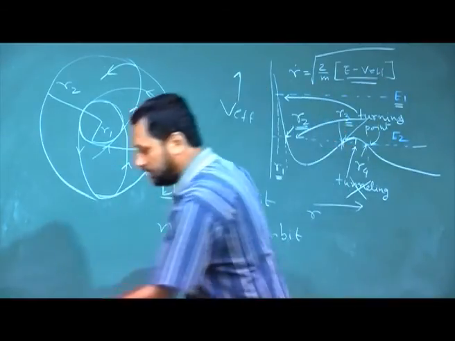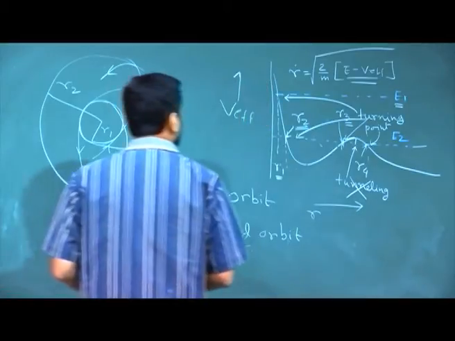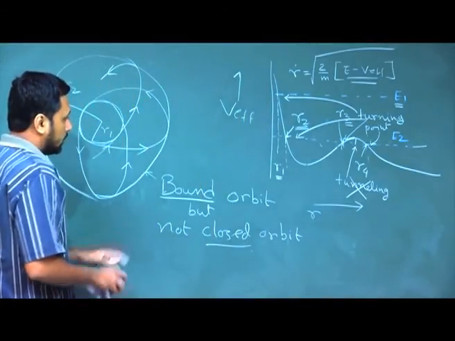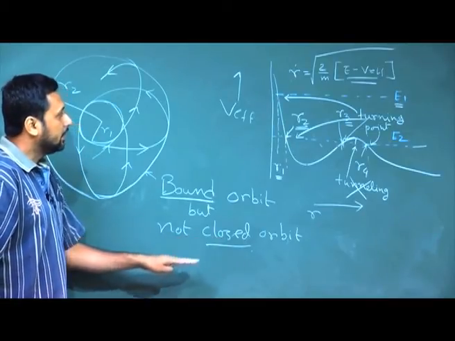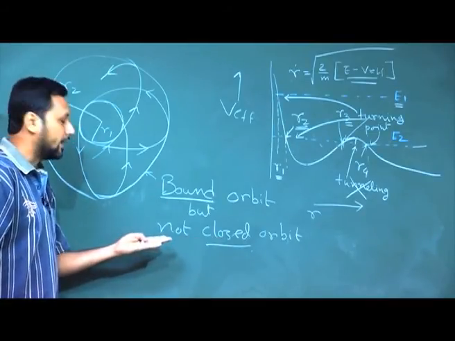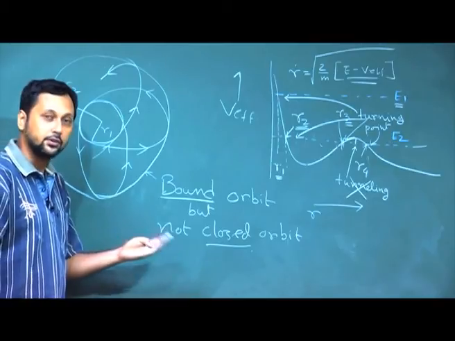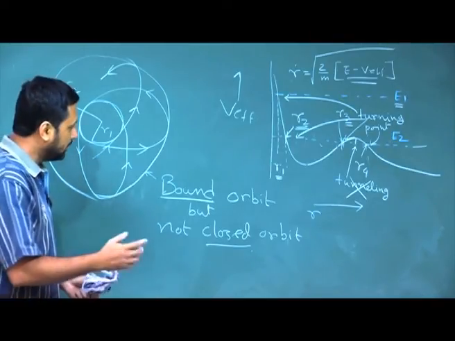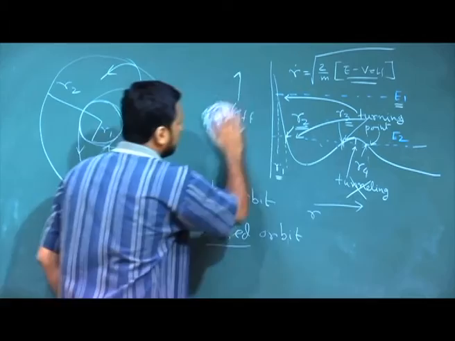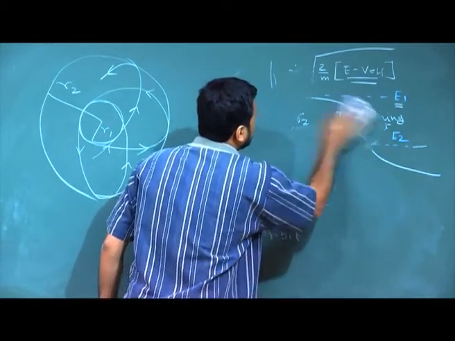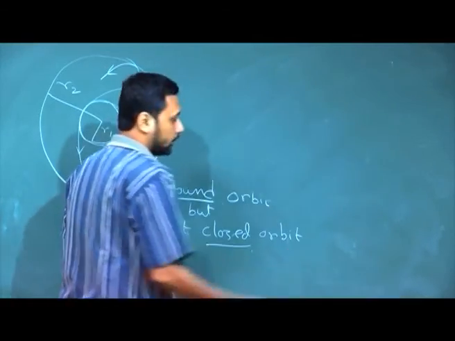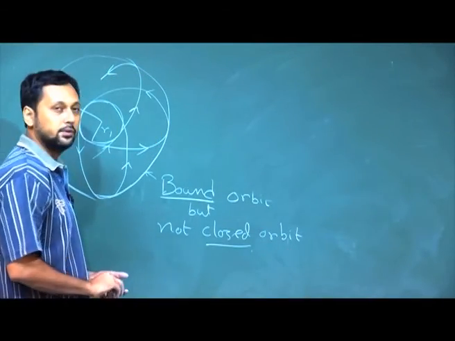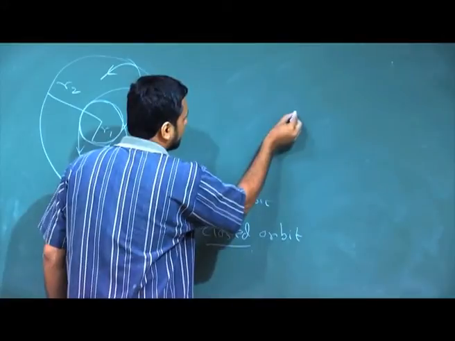Now, if we drop this general description and try to describe a bound orbit under the action of an inverse square law of force, then we know from our previous discussion that the only possible bound orbit is an ellipse. Of course, a circle is also possible, which is a special case of an ellipse.